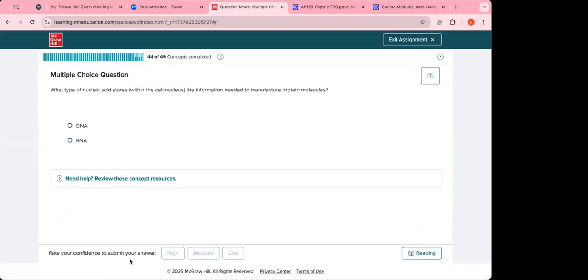What type of nucleic acid stores within the cell nucleus the information needed to manufacture protein molecules?